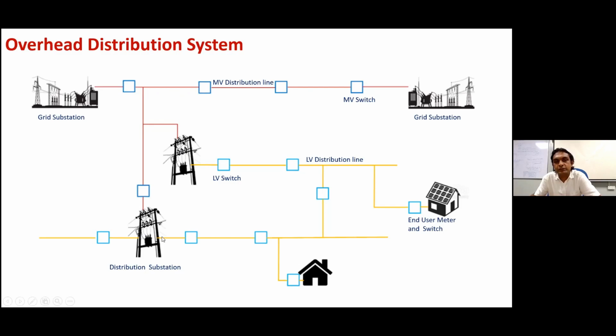After the distribution substations, we can see the LV distribution line. Finally, we connect the end user through a meter and switch. And here I mark some squares. These squares represent switches. Now I'm going to discuss that.